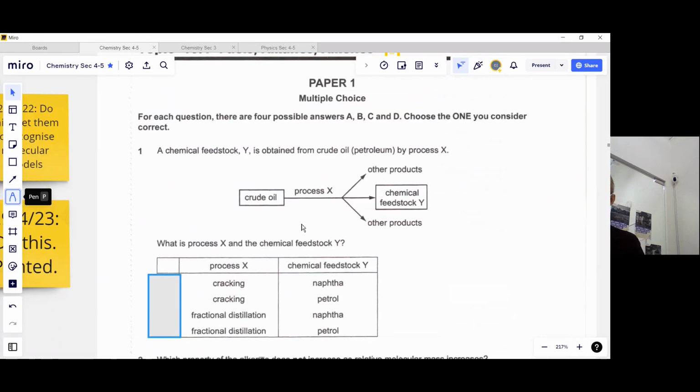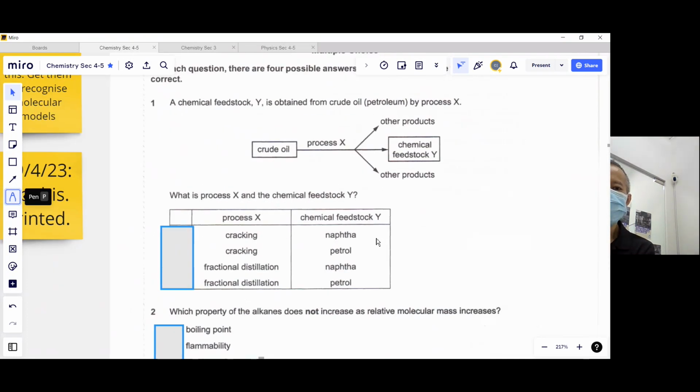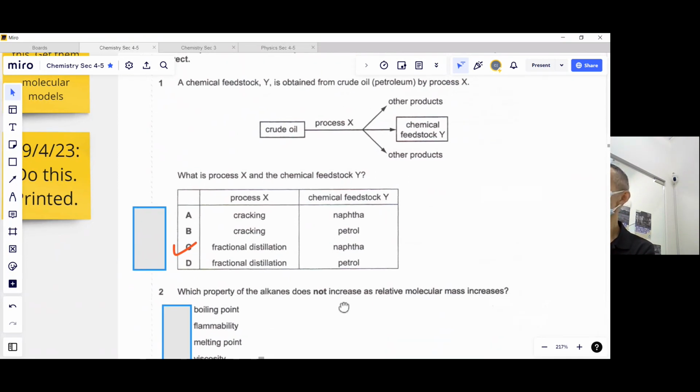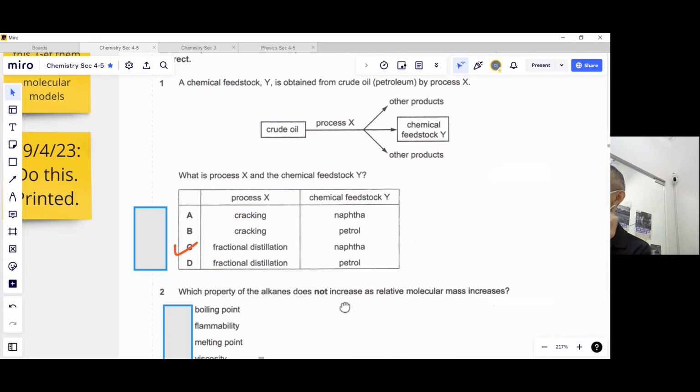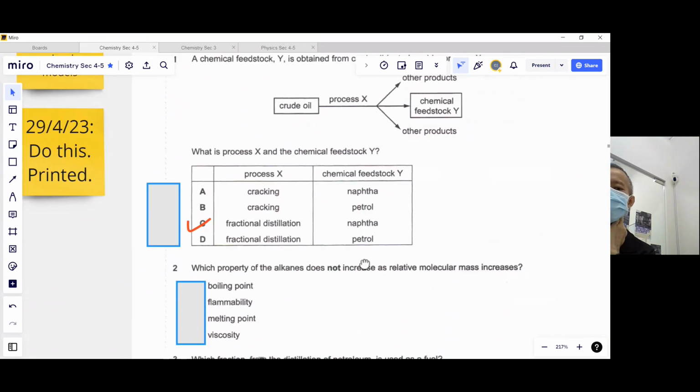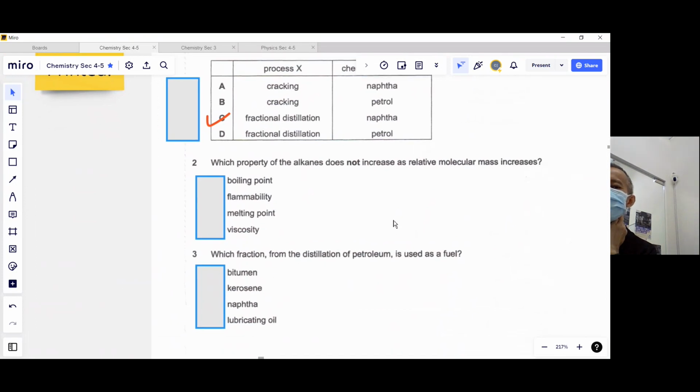Okay, look at the MCQs. Number 1, Hannah? Yes, you should get this right. Okay, please check your answers. Anyone not sure, voice out, even though I said you should get it right. Number 2, Bernice. Do you put any answer?